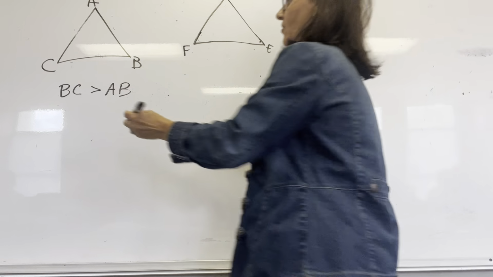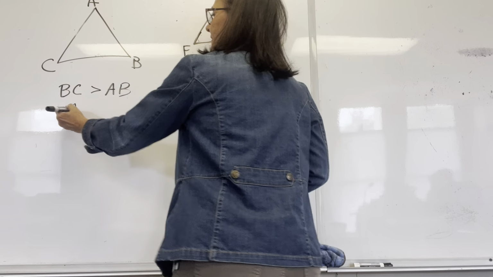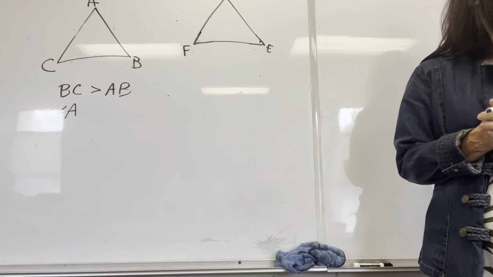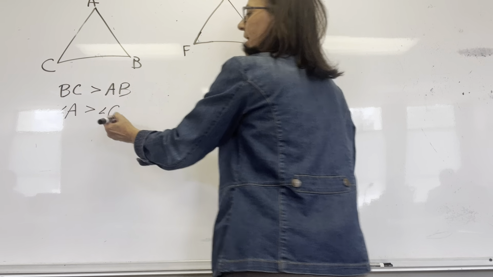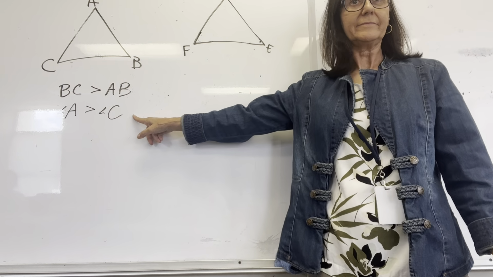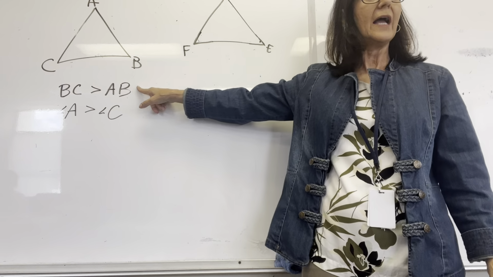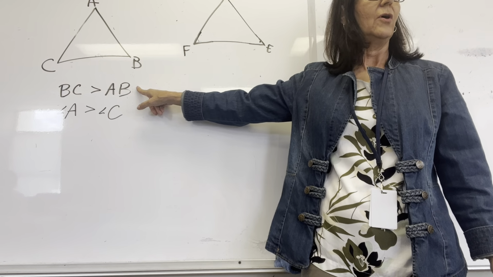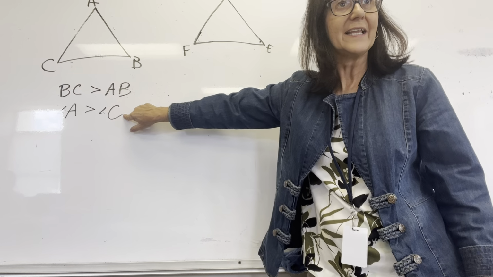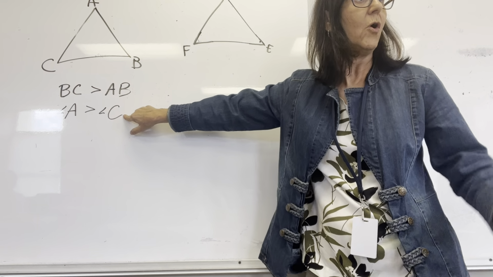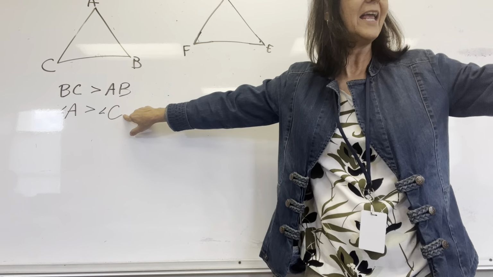Angle C. Why? When two sides of a triangle are unequal, the angles opposite them are unequal in the same order.